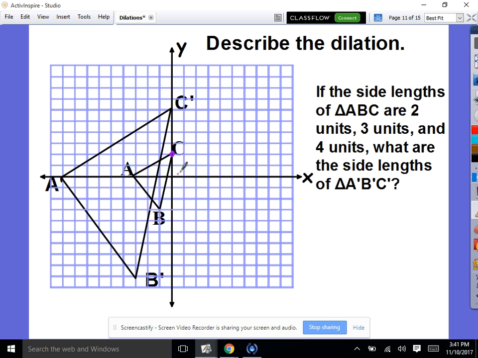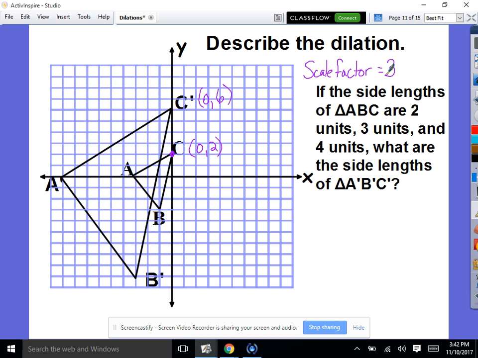So C is (0, 2), and C prime is (0, 6). So it looks like the scale factor is equal to, what can we multiply by 2 to give us 6? 3.